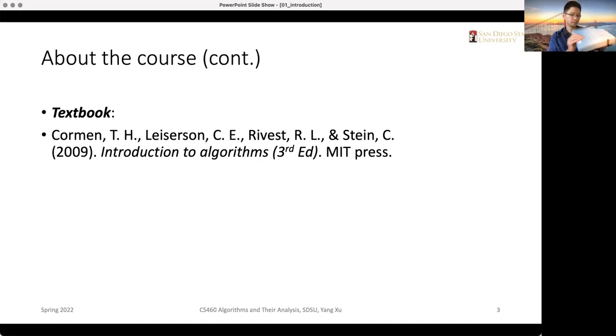Before each lecture, I will usually put a note in Canvas that you need to read several pages in the corresponding part of the textbook, okay. And in the slides, I will also put a note somewhere that maybe some details of the proof, or some of the details of the algorithm, are neglected, and you will be encouraged to refer to the book to get the full details. Okay.